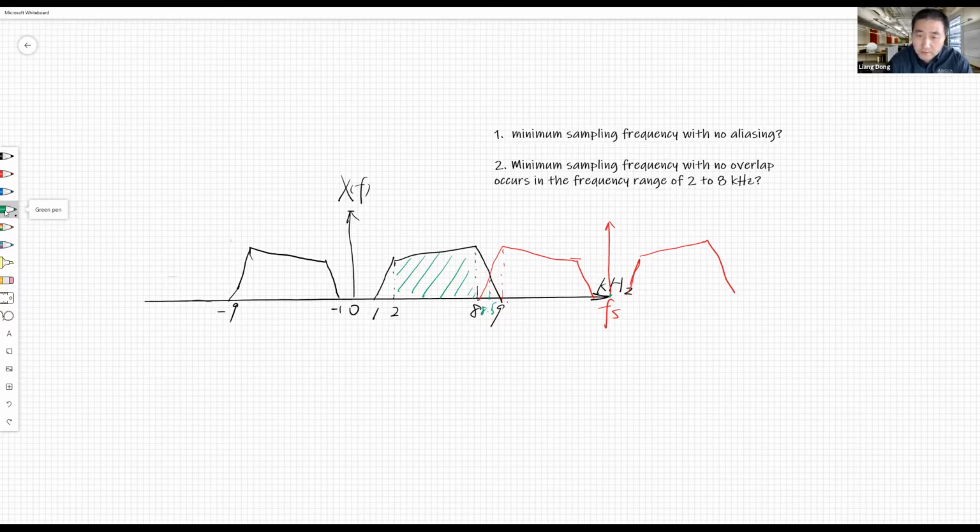Therefore, to answer this question, I say a sampling frequency Fs equal to 17 kilohertz, 2 times 8.5. 17 kilohertz will be sufficient to not have any overlap occur in this frequency range. Okay, so this is just a way to give us a better understanding of how the sampling frequency works. It's just folding this part, from here to here, and making it Fs.